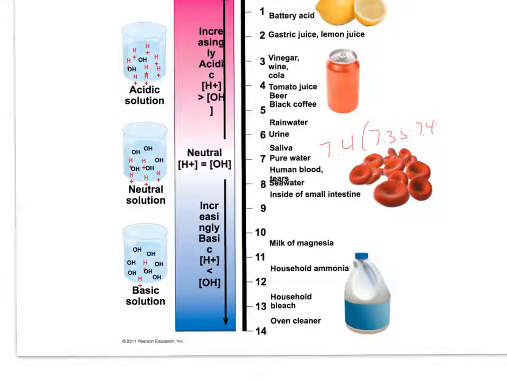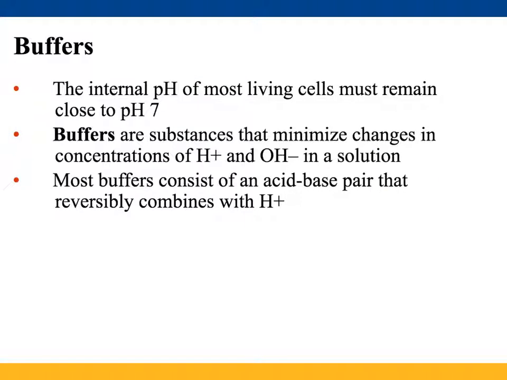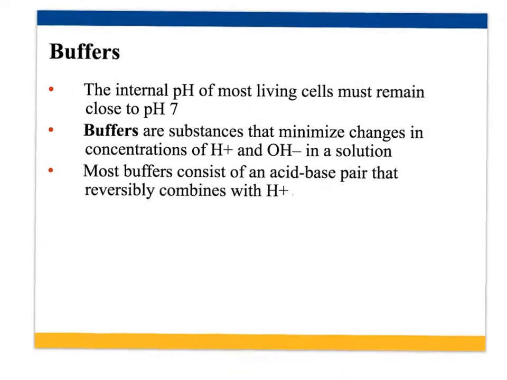Questions on pH scale? Now, what we want to avoid in terms of biology is large changes in pH. I gave you an example: what's the blood pH? It's kept in a certain range, right?